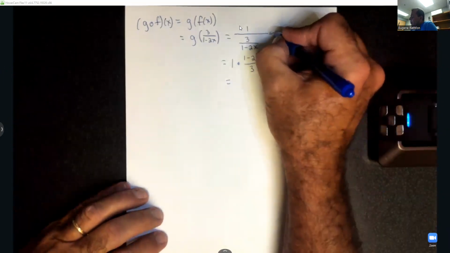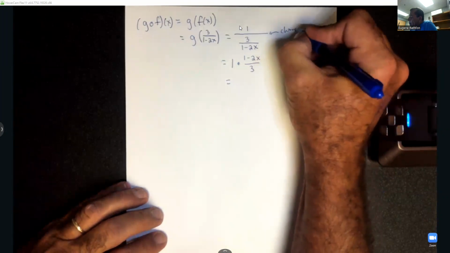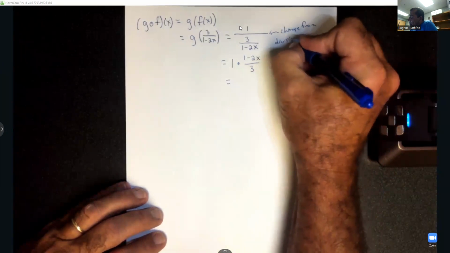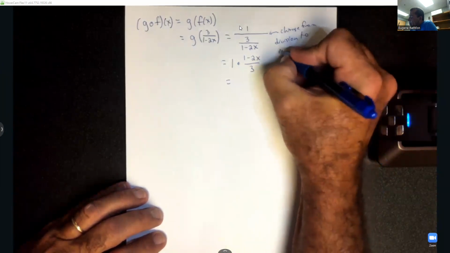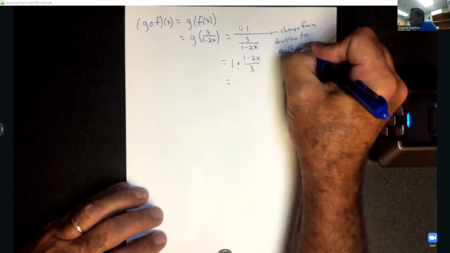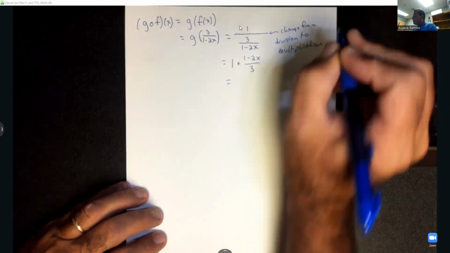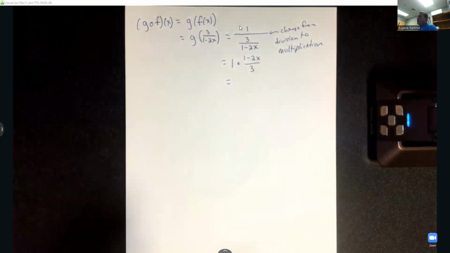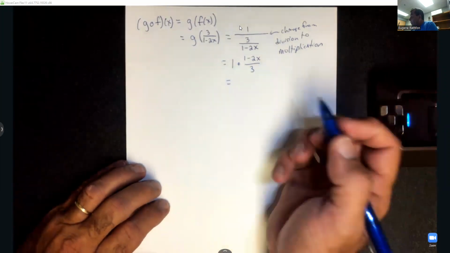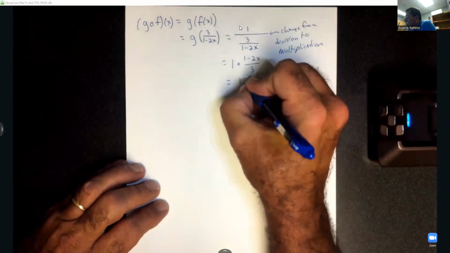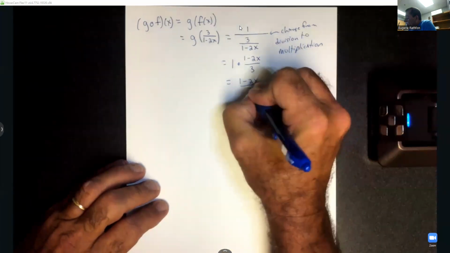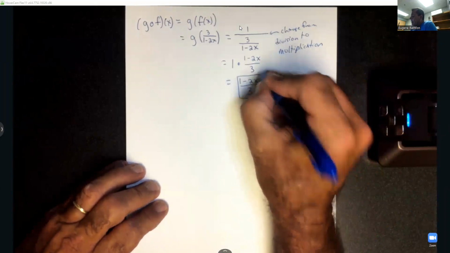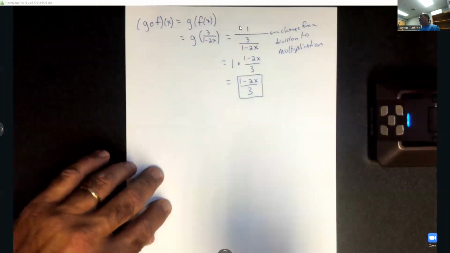So remember, change from division to multiplication. All right, when you do that, 1 times anything is going to be the anything. So this final answer will be 1 minus 2x over 3. It now looks like a normal fraction. So my final answer.